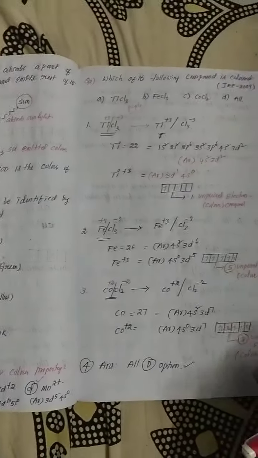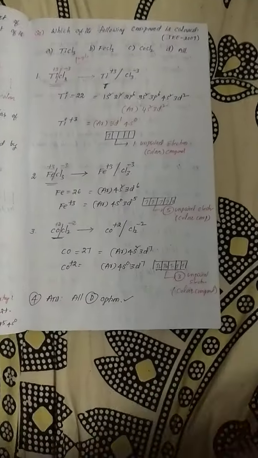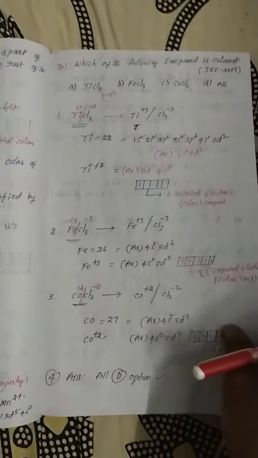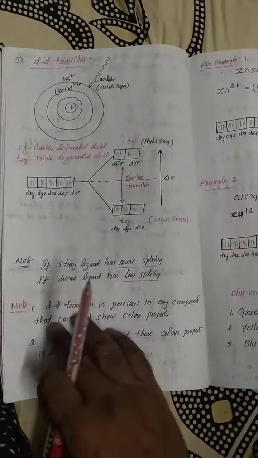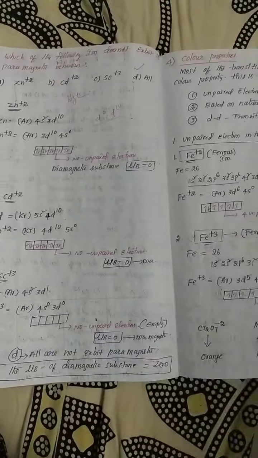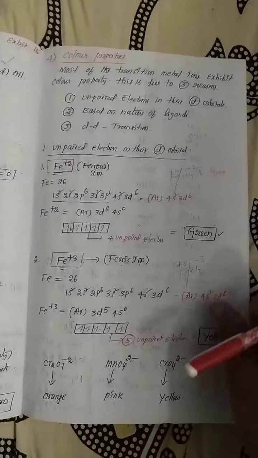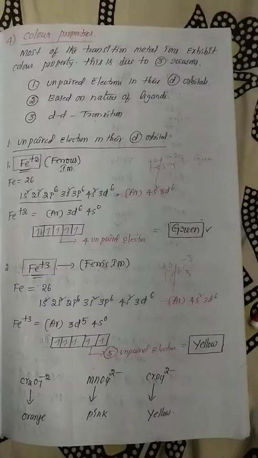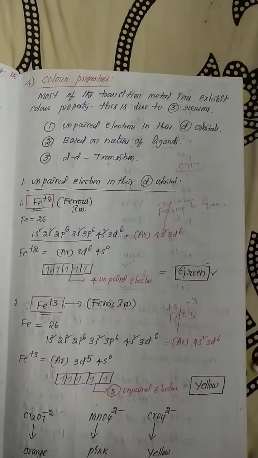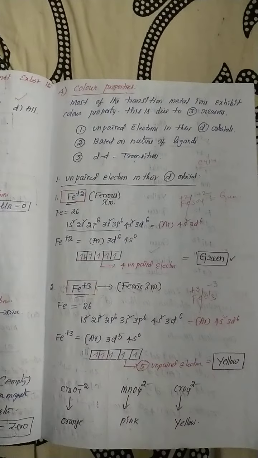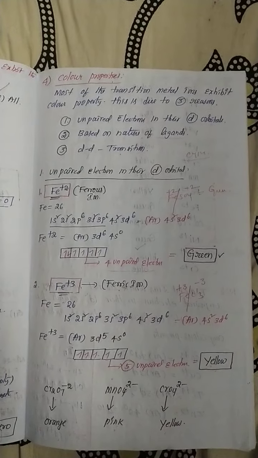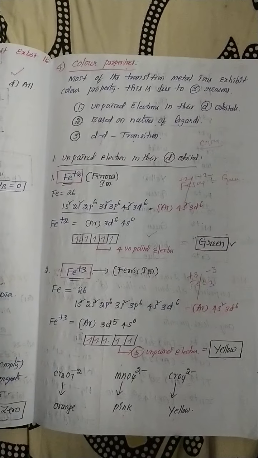Okay, so this is the color property of the entire transition elements. Once again, recall from the starting, what is the reason? The color property is decided by 3 reasons. First reason is the unpaired electrons present in the d orbital. Second one is based on the nature of the ligands, and third one is the d-d transition.